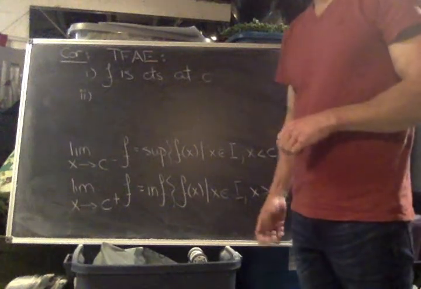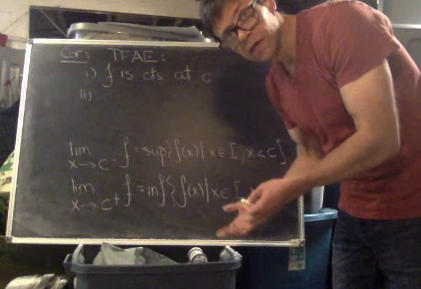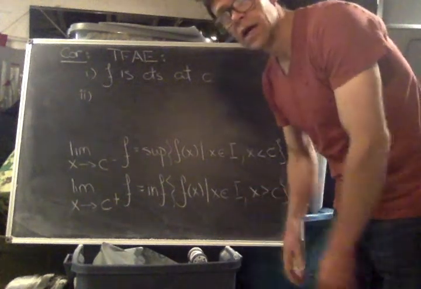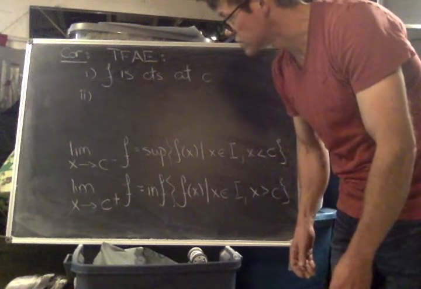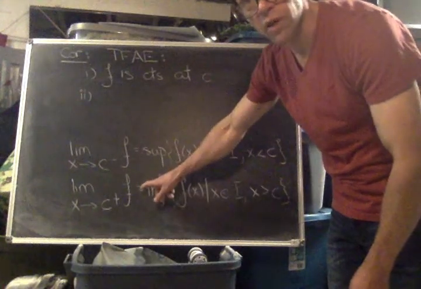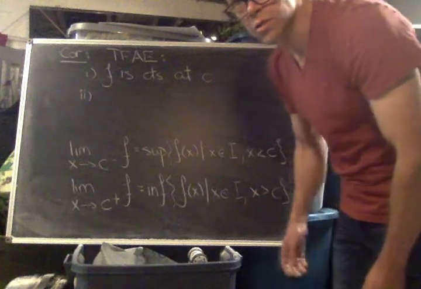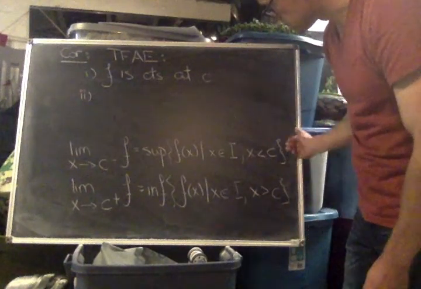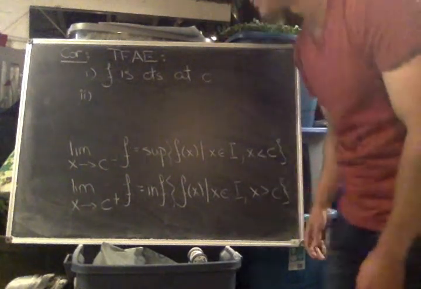It means that the limit as x approaches c of f of x is equal to f of c itself. And here, the limit is going to be equal to f of c if and only if the limit from the left and the limit from the right are both equal and equal to f of c. And so we're just going to write that down, but using the characterization that comes from these two, this sup and this inf, rather.